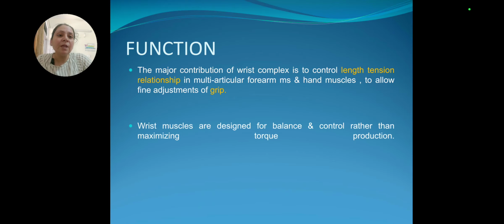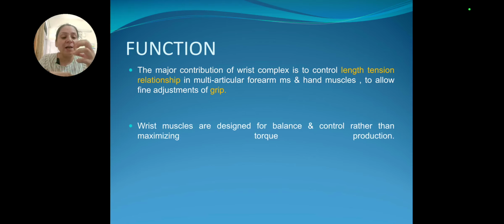Fine. Now what is the wrist doing? The function of the wrist is maintaining the muscle length-tension relationship of the forearm muscles as well as the wrist and hand muscles, the forearm muscles for rotational movement and the hand muscles for gripping. It is a mid joint, so it plays a crucial role in gripping also.